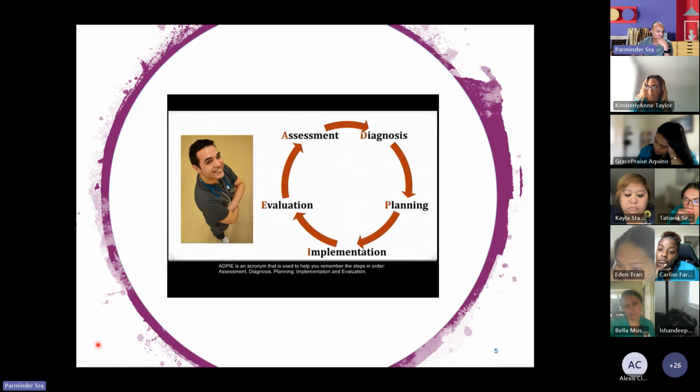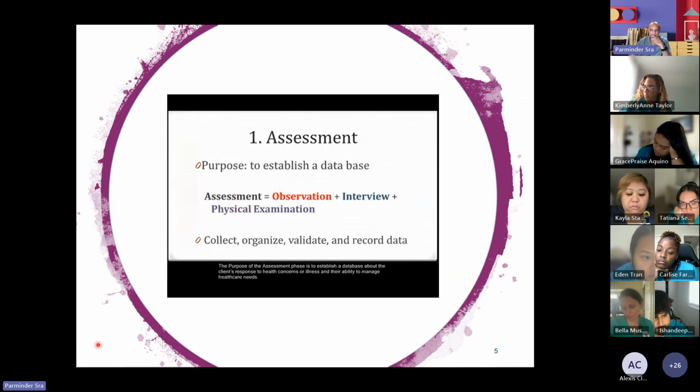ADPIE is an acronym that is used to help you remember the steps in order: assessment, diagnosis, planning, implementation, and evaluation. The purpose of the assessment phase is to establish a database about the client's response to health concerns or illness and their ability to manage healthcare needs. Basically, you need to gather information about the client.